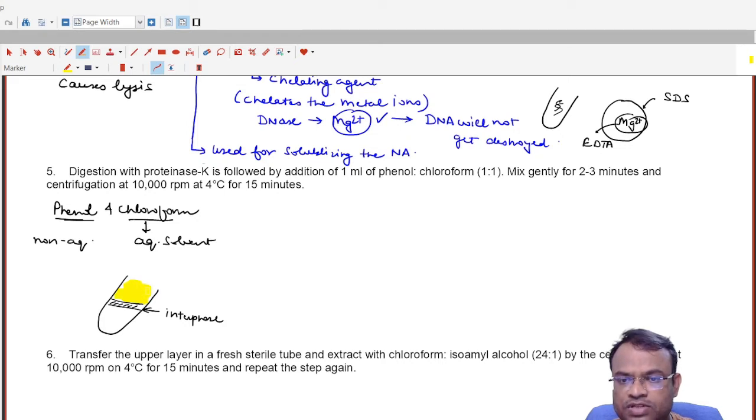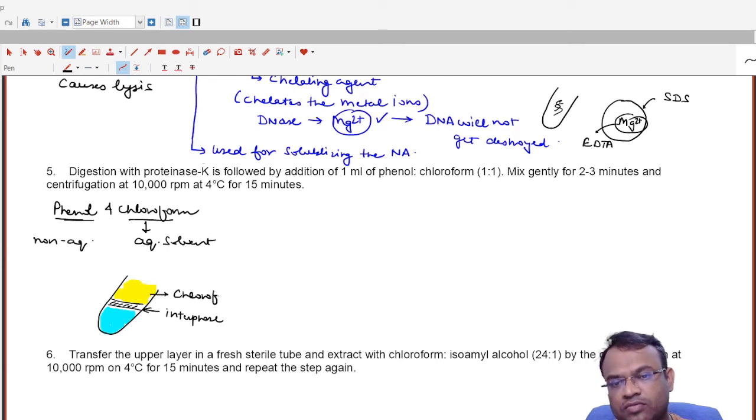Suppose this is the region of chloroform, the upper region, and this is the region of phenol.